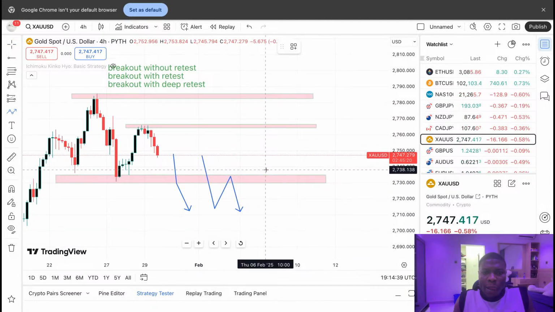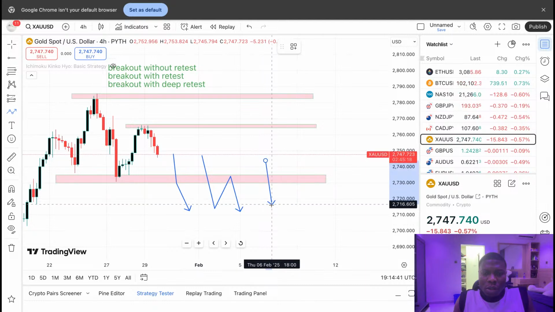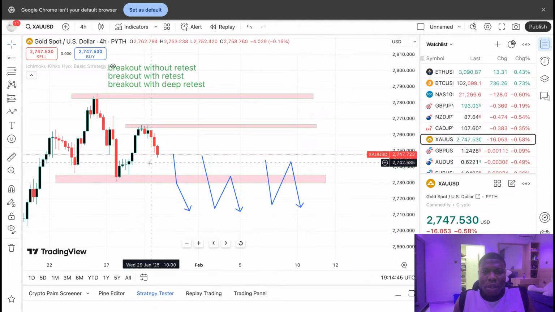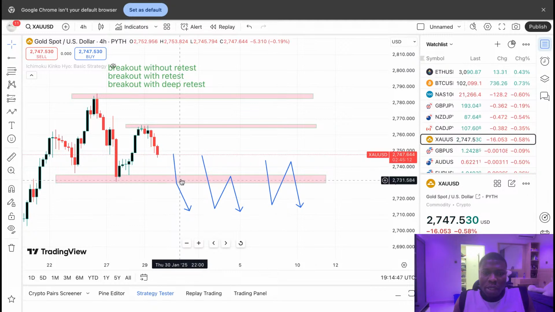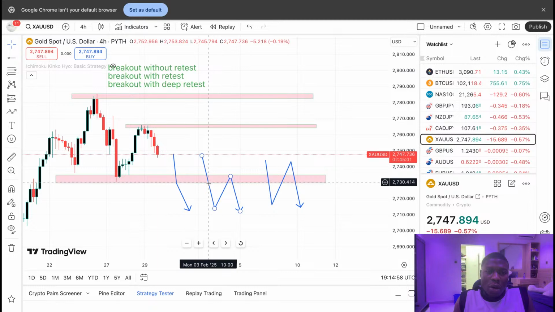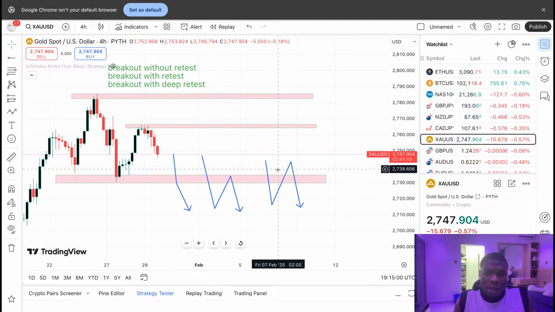Okay, this is breakout with deep retest. So breakout without retest is when a coin breaks its support and continues going down. Then this is breakout with retest. This is always a perfect example that most traders are looking for, but this breakout with deep retest is what happens in the market most times.